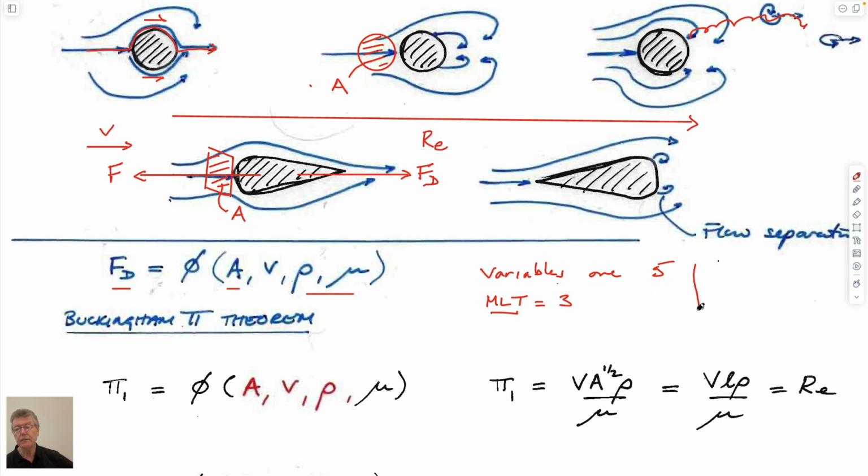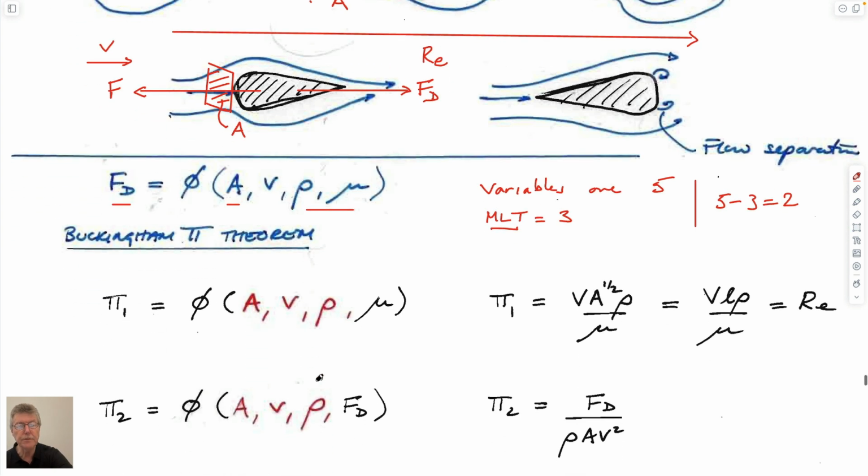And if we subtract 3 from 5, it means that this is given by 2 pi groups. So if we choose some repeating variables, the repeating variables have to have all the terms of mass, length, and time in them. So length, time, and mass are included in these. So we have 2 remaining non-repeating variables, which would be viscosity and the drag force.